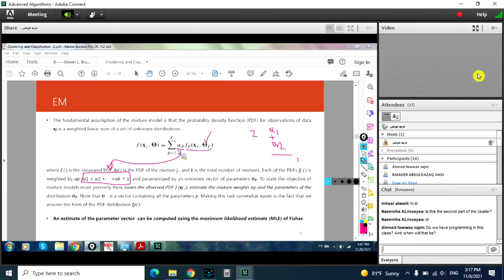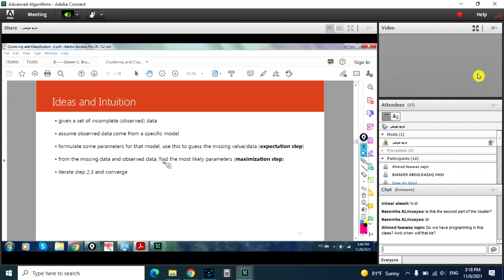Our goal here is to know about this theta and this alpha. How can we access this? By maximum likelihood estimation. Please assume we observed a specific model that we have data. We assume this, formulate some parameters for that model.